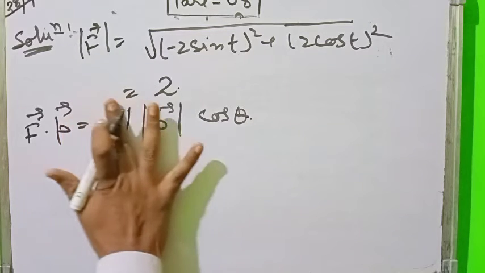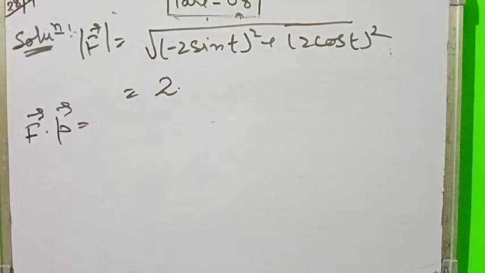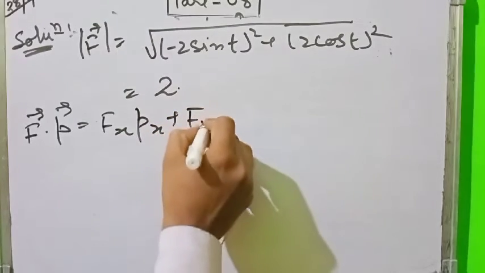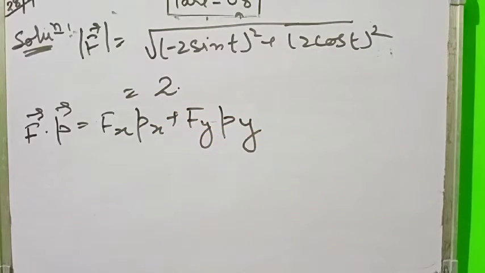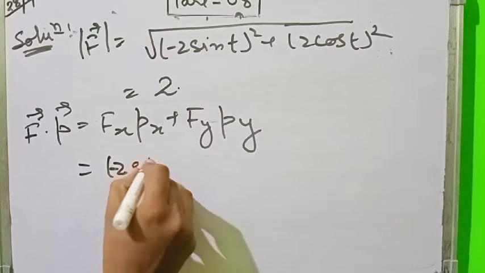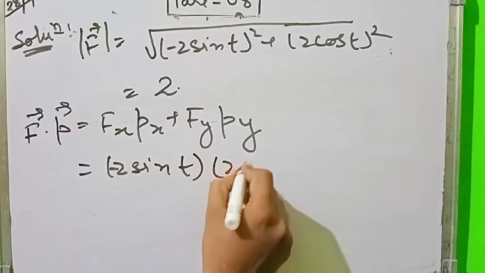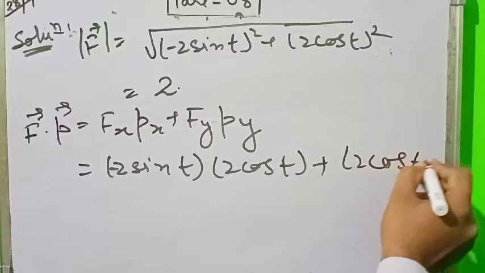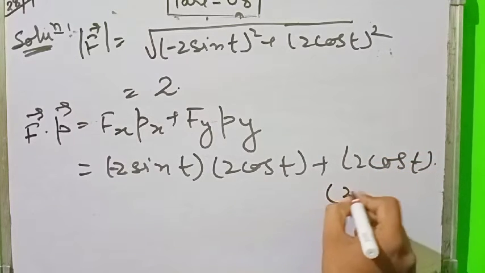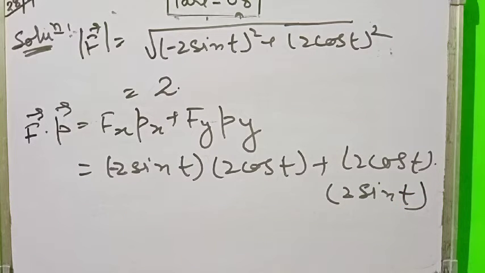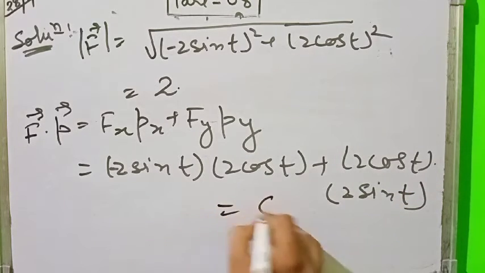But here it is in the component form, so you have to write it as fx into px plus fy into py, and it is minus 2 sin t into 2 cos t plus 2 cos t into 2 sin t, and it is equal to 0.